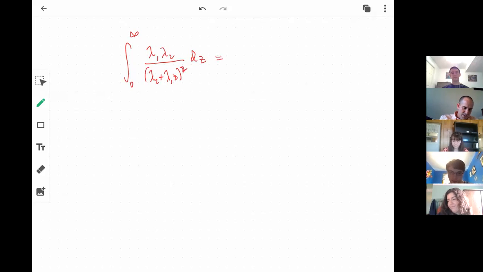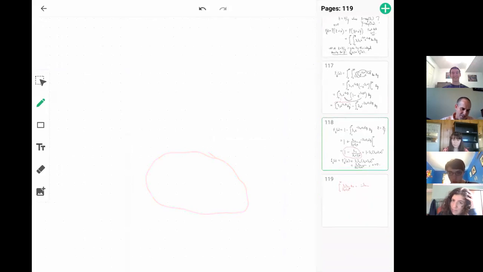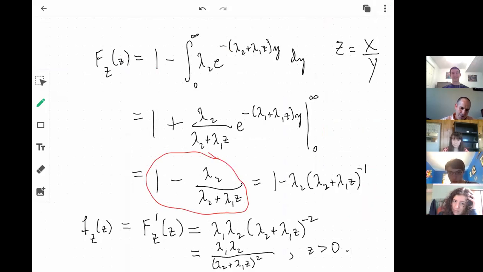Well, the antiderivative of this is going to be minus lambda 2 over, oh, of course, we already know what the antiderivative is. It's basically over here. The antiderivative is essentially going to be this, but we don't care about this 1.